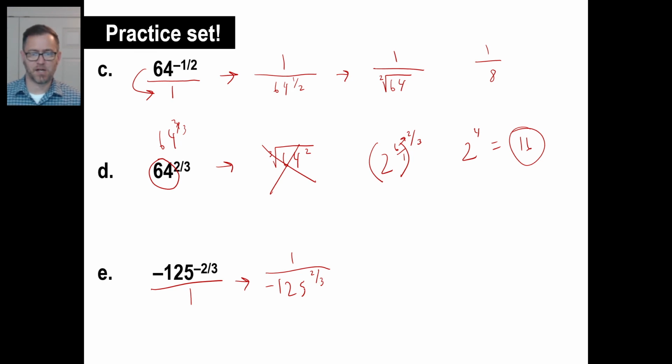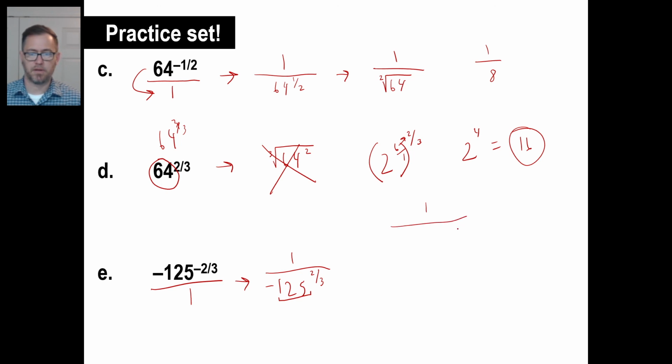This is looking kind of ugly here, but you should recognize that the 125 is a power of 5. All these numbers they give you are going to be powers of something else, 2, 3, 4, 5, whatever. They'll probably stop about 5.